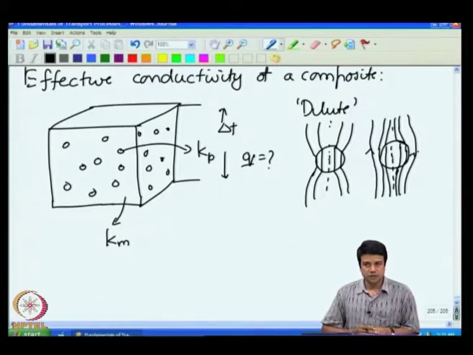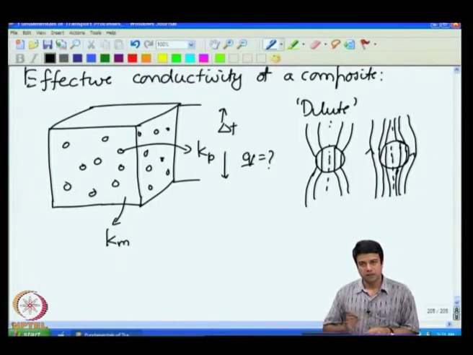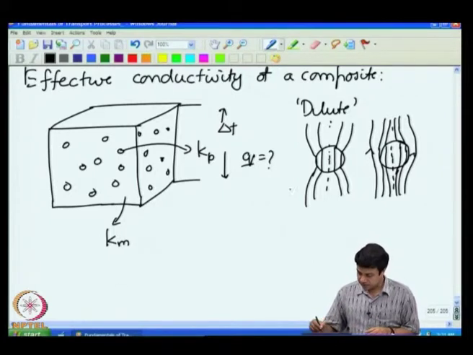In either case, there is going to be a disturbance to the temperature field in the matrix because of the presence of this particle. Either the disturbance is towards the particle if it is more conducting, or the disturbance is away from the particle if it is less conducting. If I had another particle nearby, then the disturbance to the temperature field due to the first particle is going to affect the temperature field around the second particle.